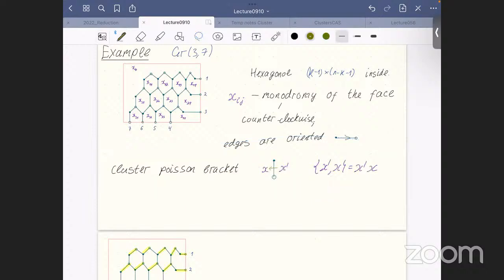Near the boundary we have frozen variables, and usually in the case of double Bruhat cells, the Poisson bracket becomes not integer but half-integer near the boundary.